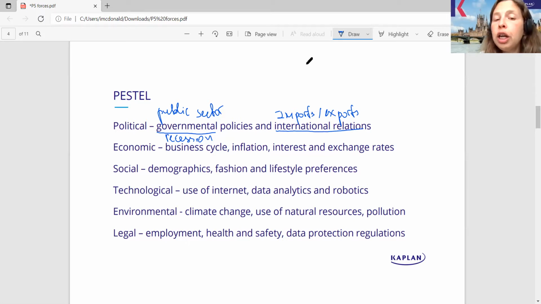We also need to think about inflation, and inflation could impact our costs and prices. Inflation makes it more difficult for us to predict how much our materials will cost us in the future, or at what price we'll be able to sell our goods to customers.